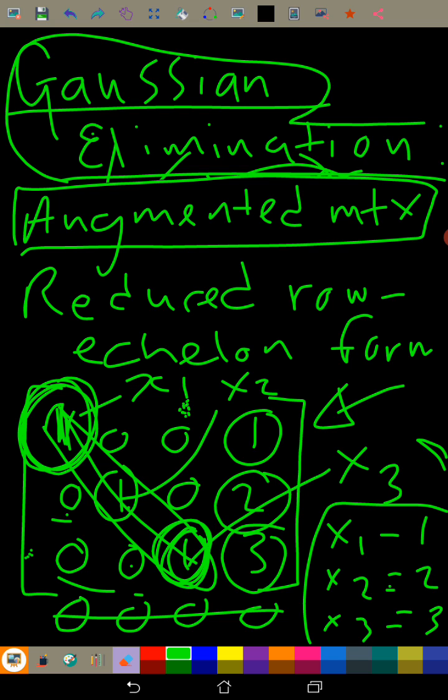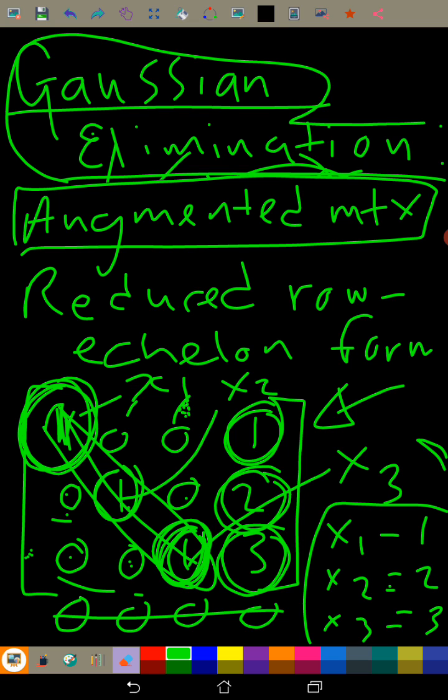It's not going to be in a reduced row echelon form. You have to follow certain principles, and each column that contains a leading one has zeros everywhere else. So 0 here, and the solution. 0 here, 1, and the solution. 0 here, 1, and the solution.